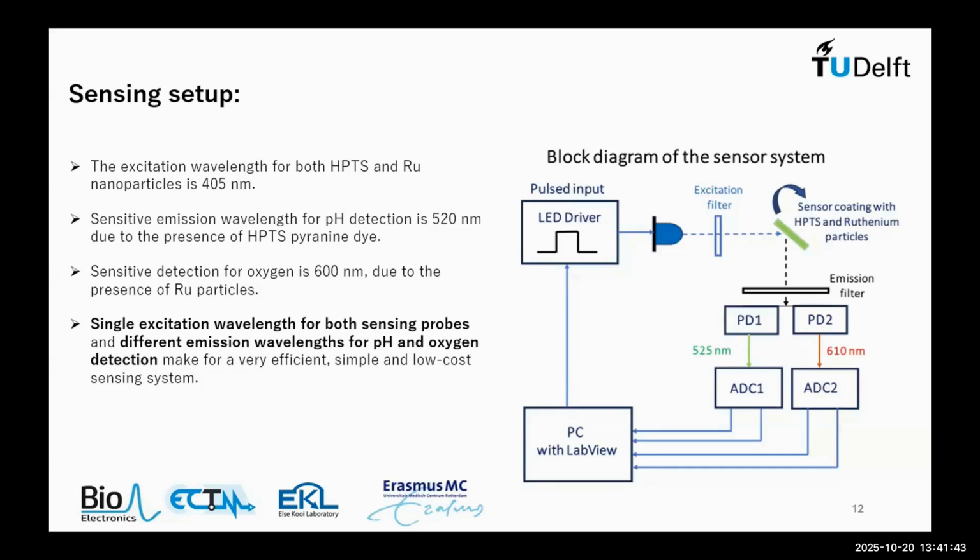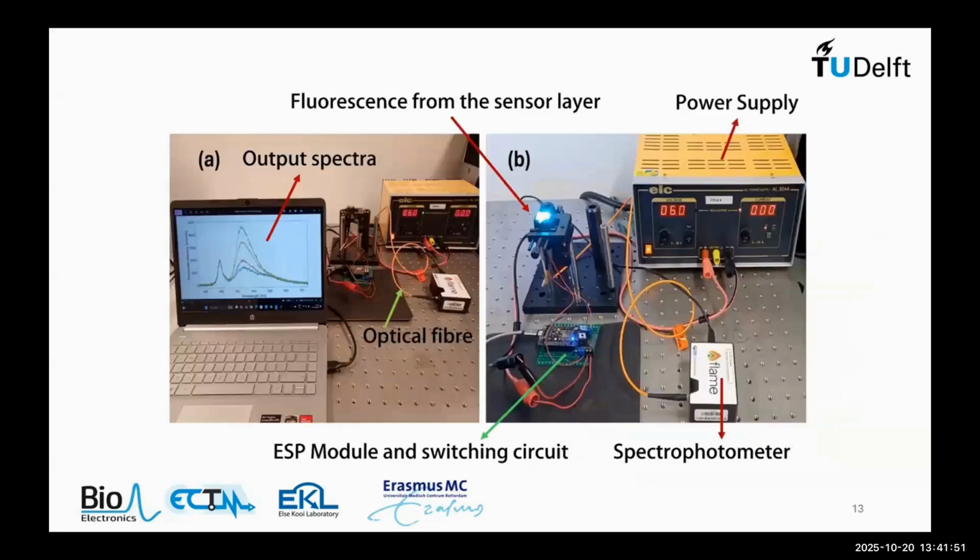The filter actually we don't have yet, but that's coming. That's what Filippos is now working on. This was the measurement setup he was using, and he was having solutions with known levels of pH and known levels of oxygen.